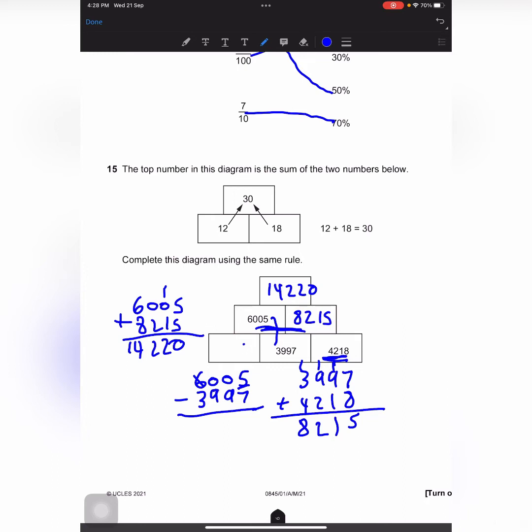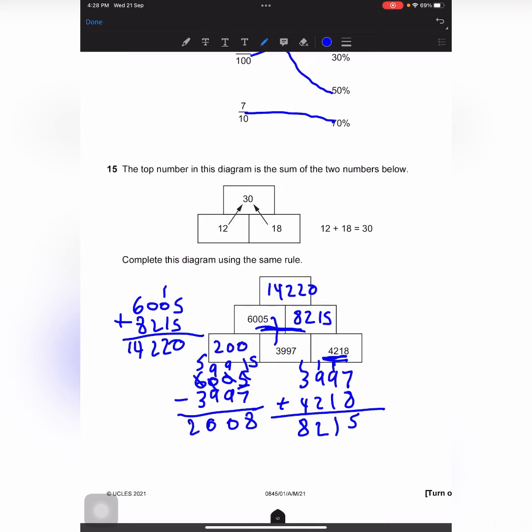So let's do that. This will become a 9 and 9, and this will become a 15. So 11, 12, 13, 14, 15. 15 minus 7 is 8. So 8 will write, then 0, 0, and 5 minus 3 is going to be 2. So this is our answer for here.